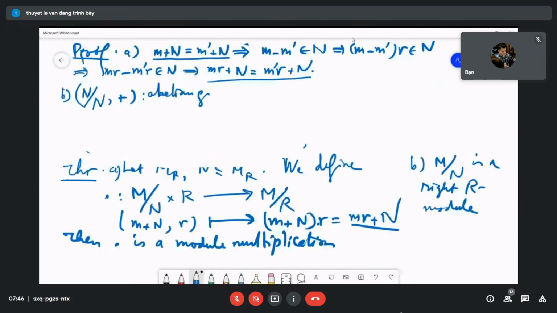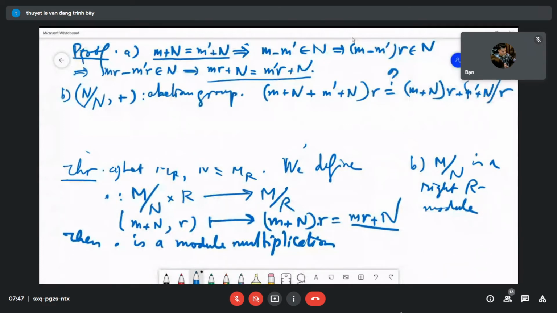To prove the module axioms, we need to show that (M+N) tied with R, that is, (M+N)R plus M'+N'R. Then (M+N)(R+R') is equal to (M+N)R plus (M+N)R'.